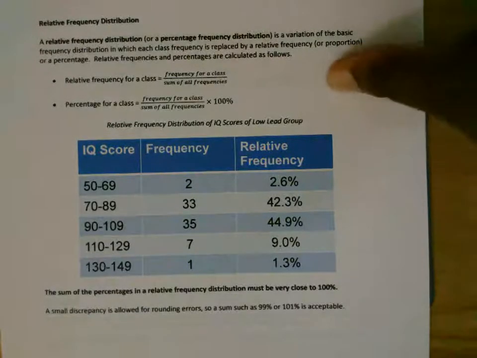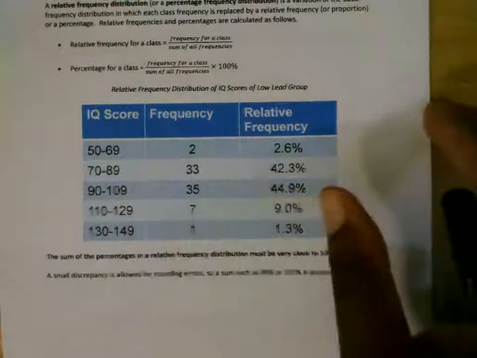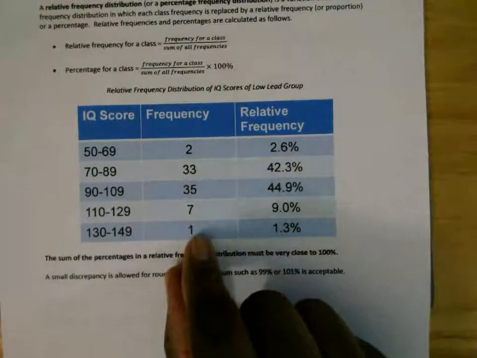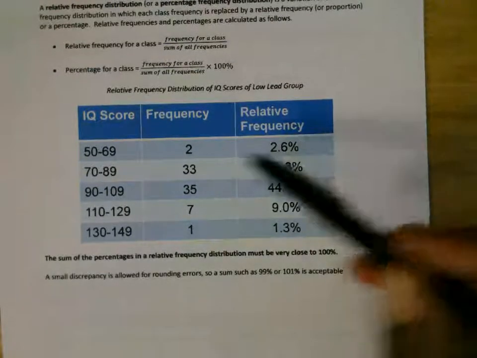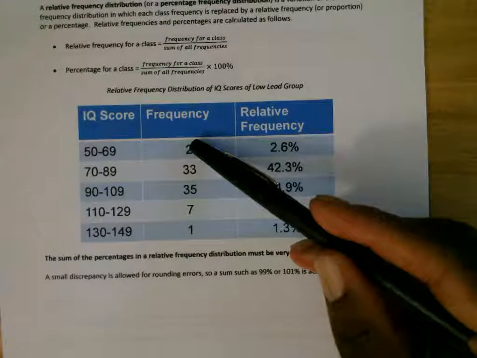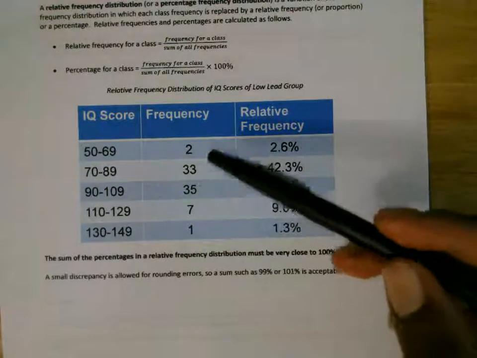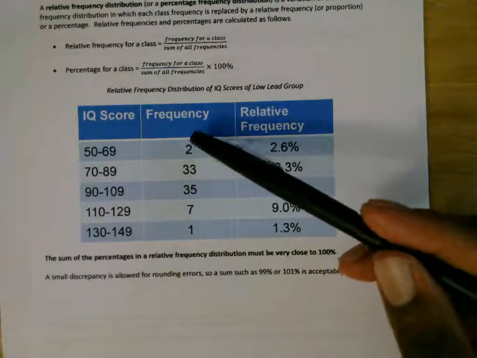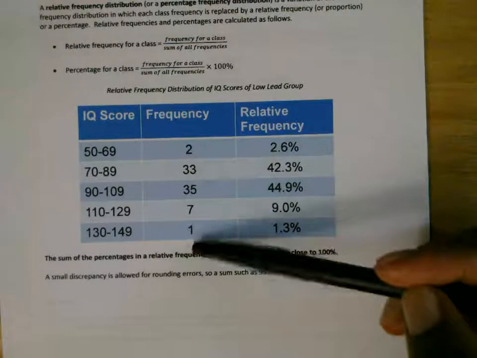So for the IQ scores of the low lead group, here we do a relative frequency like this one. Here we've got the frequency of each one of those classes. Now to find the relative frequency, you take each individual frequency for that class and divide that by the total number of frequencies, and then multiply by 100. The total frequencies for this one would be 78.